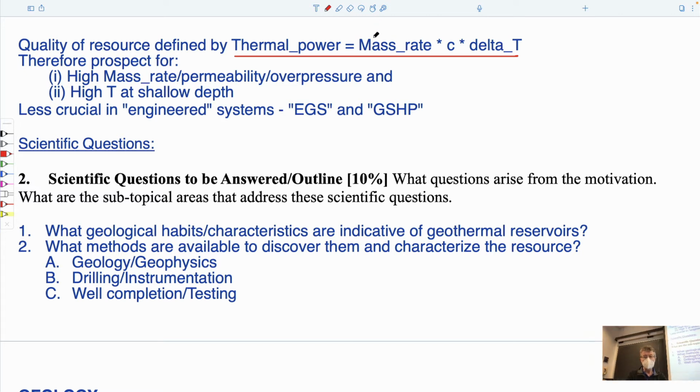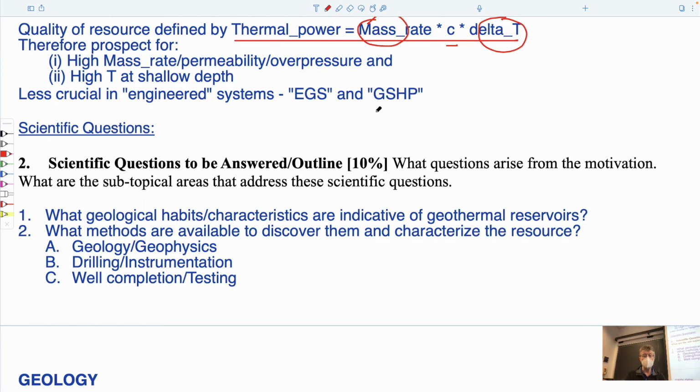We've mentioned many times that we need at least this and this both to be high. This is always going to be some magnitude that we don't have much control over. But mass flow rates can be big or small, and temperature changes can be big or small. But we absolutely need both of them to be functional if we're going to get anything out of the system.